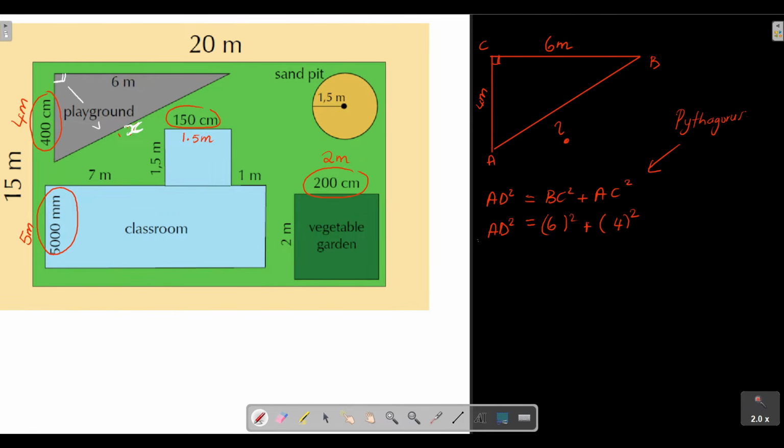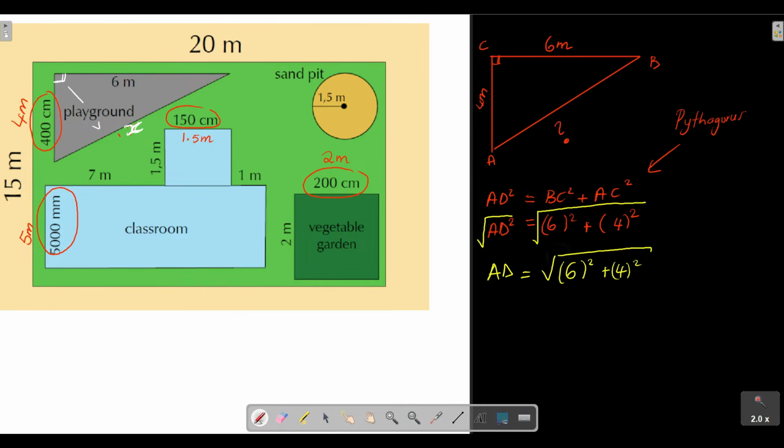We are going to square root both sides. If you square root both sides, it gets rid of that square. Therefore AD is equal to the square root of 6 all squared plus 4 all squared.